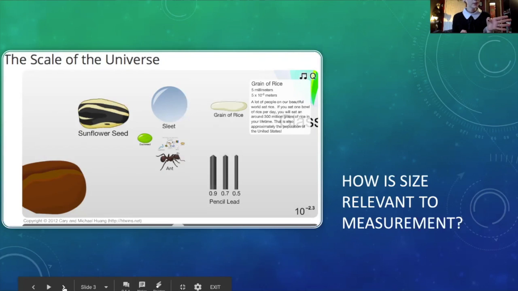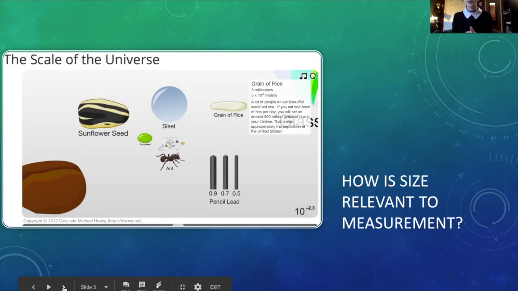For me, it was the grain of rice, because I eat rice every other day, probably. I mean, I eat rice a lot. So the grain of rice by itself is 5 millimeters long. And when I say that to you without a visual aid, I don't know of any of you who are like, oh yeah, I know exactly how big that is.